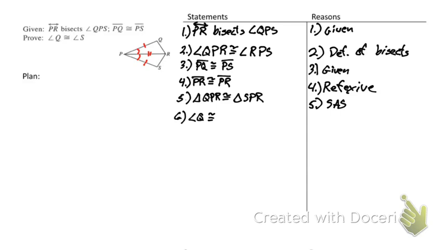C, P, C, T, C. We proved that the two triangles are congruent, so all of their parts are congruent, and it turns out Q is part of the top triangle, and S is part of the bottom triangle, so we can just say angle Q is congruent to angle S. And my step 6 is just that, CPCTC.